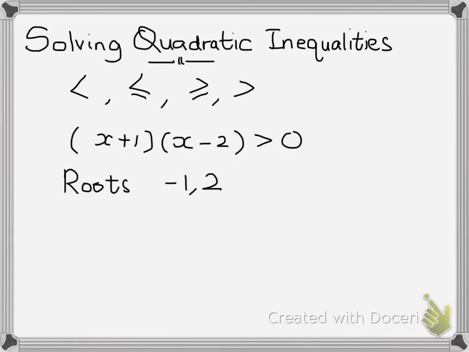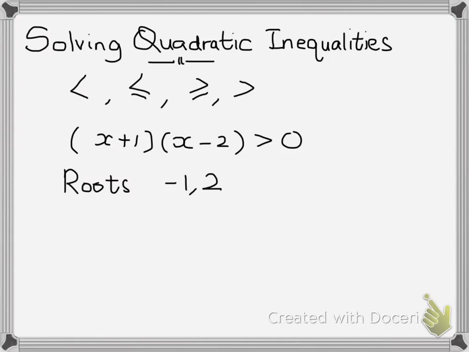One of the ways would be to do a simple sketch of this quadratic graph. First of all, is this a minimum curve or a maximum curve? It is a minimum. Why? Because the coefficient of x squared is 1, which is positive.